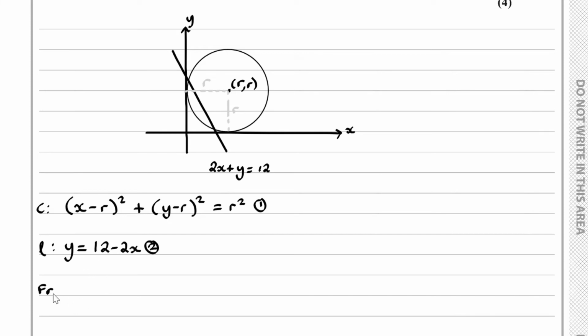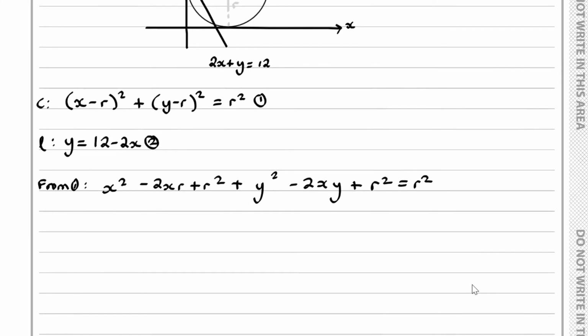So from 1 we've got x squared minus 2xr plus r squared. Okay, so that's this bracket, and then we've also got over here y squared minus 2yr plus r squared equals r squared. And if we tidy all this up, let's see what we get.